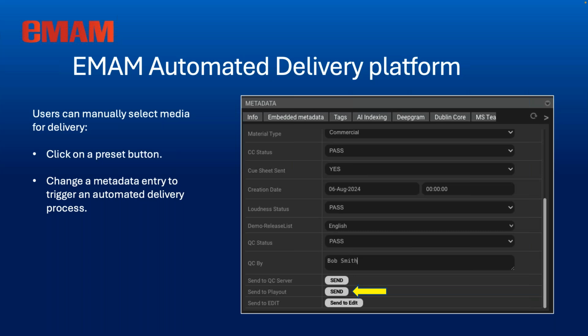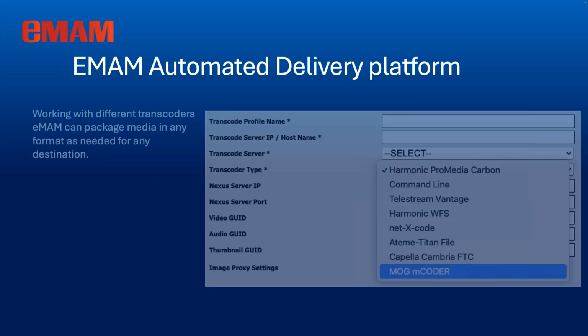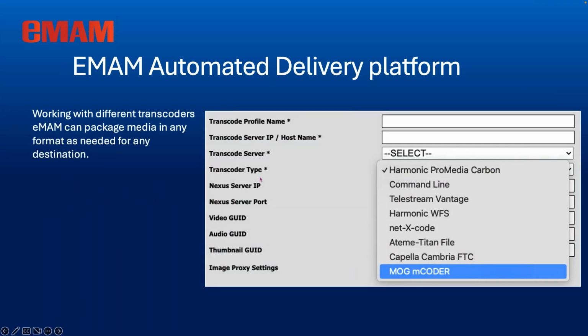As we will see in the next few slides, these workflows can be configured using the eMAM super admin interface, where you go in and define what kind of transcoder you're working with. Once you're in the super admin, you can select between multiple supported transcoder types.